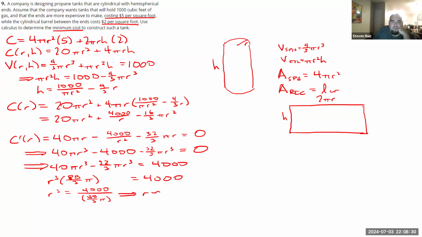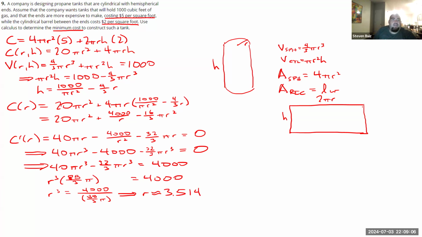Which means r is approximately equal to what? Let's get a good approximation. I am getting a value of r of 3.514. So I got a radius.